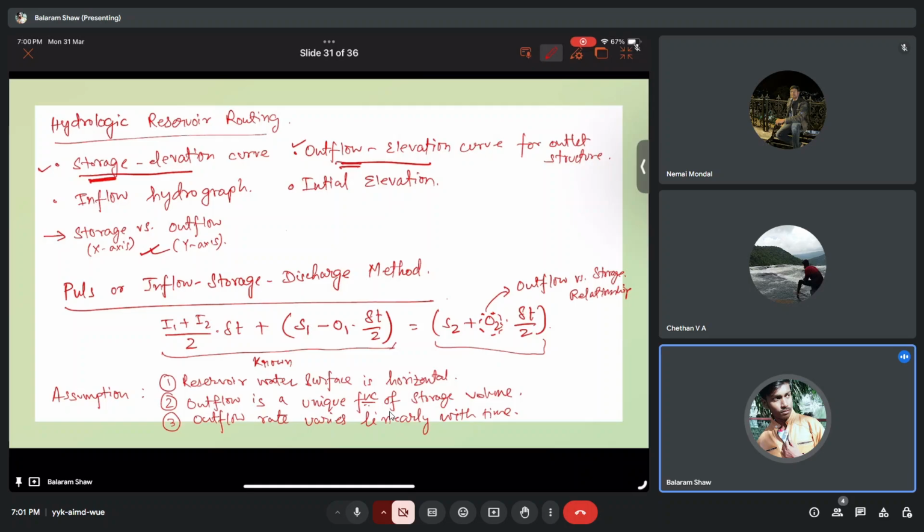The assumptions and the limitations being the same, we need two curves: one will be the S curve and another will be S plus O into del T by 2. The third curve that you see here, S minus O into del T by 2, we don't need here. Hence, we use this modified pulse method or level pool method.